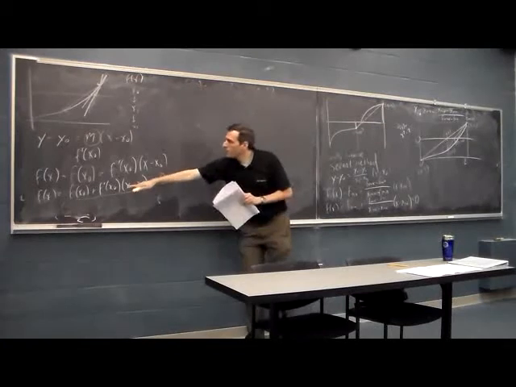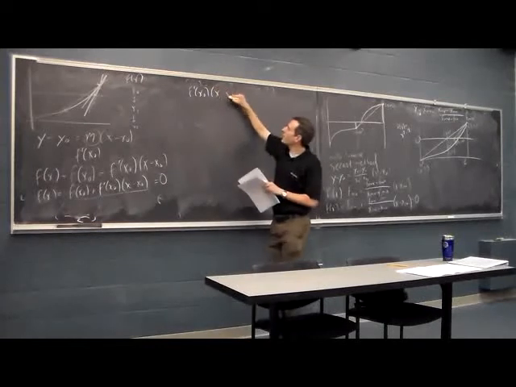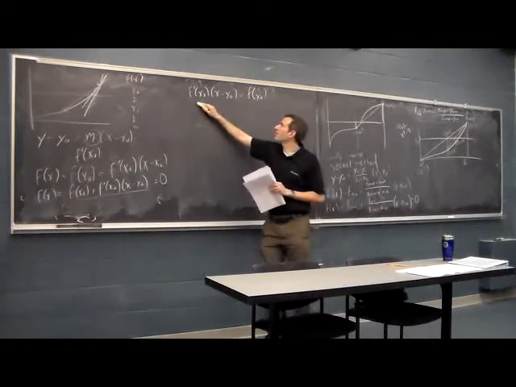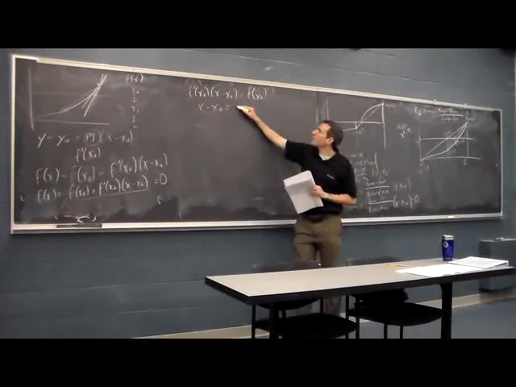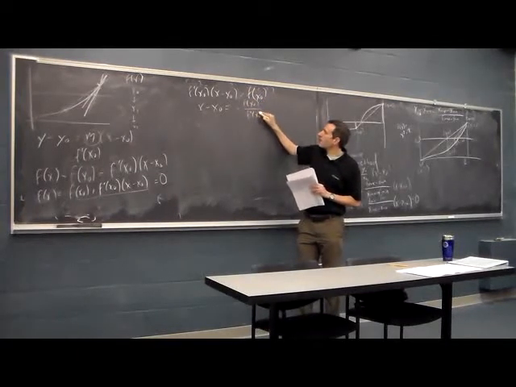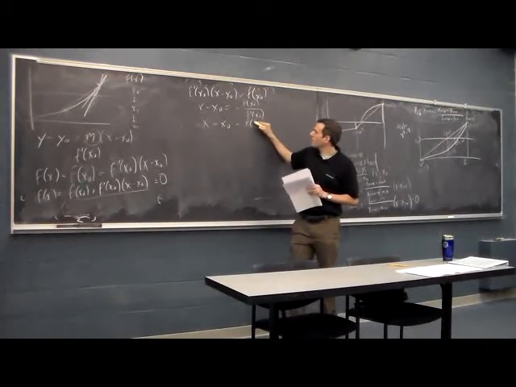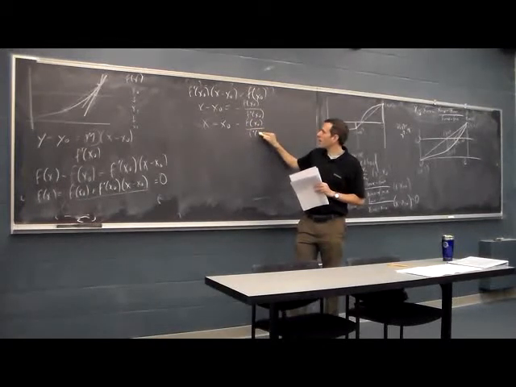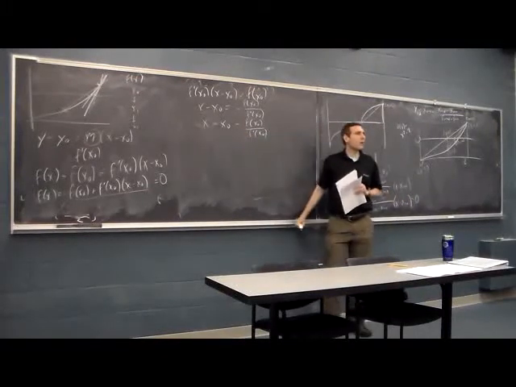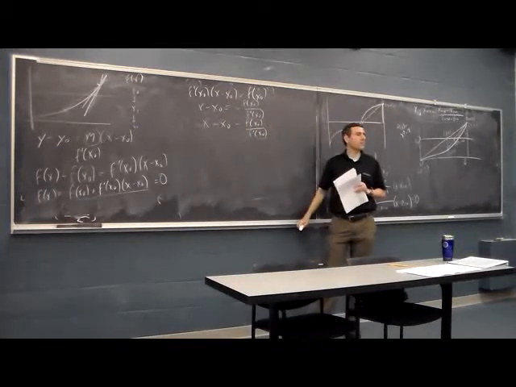We move the f of x0 to the right-hand side: f prime of x0 times x minus x0 equals minus f of x0. Divide through by f prime of x0 to get x minus x0 equals minus f of x0 over f prime of x0, and then finally x equals x0 minus f of x0 over f prime of x0. That tells us that if we have an initial guess, x0, then our next improved guess would be the x given by this formula.